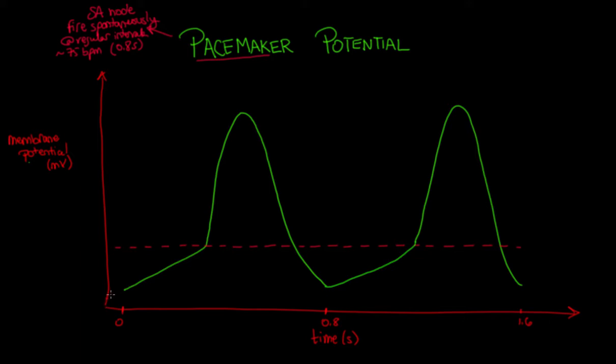To begin, the first thing that we want to note is that these cells do not have a constant or a stable resting membrane potential. Instead, it starts at -60 millivolts, but as you can see, there is an upward drift, a slight, gradual depolarization that you observe.